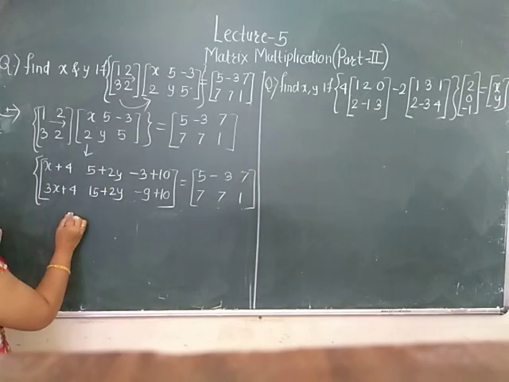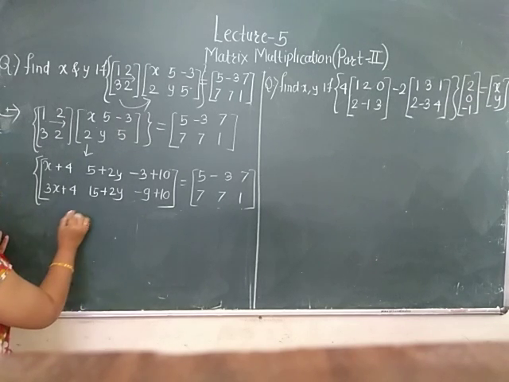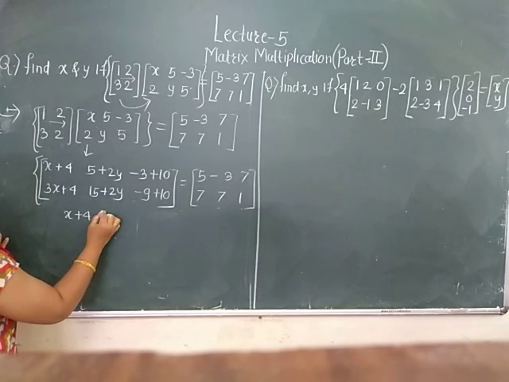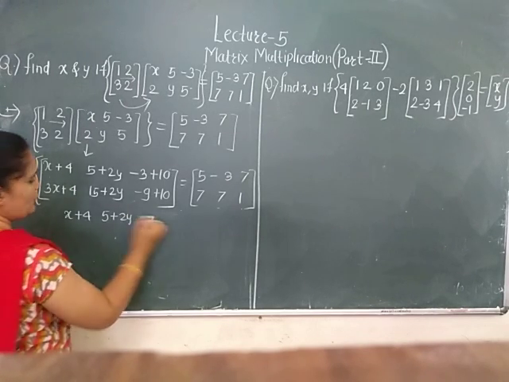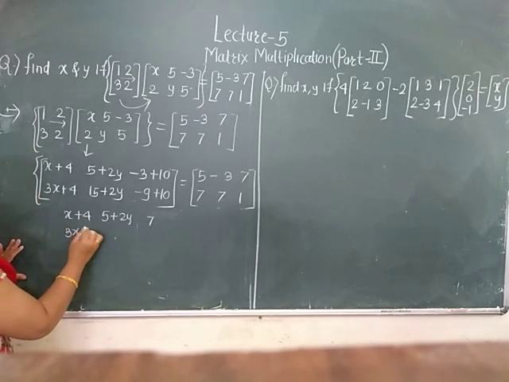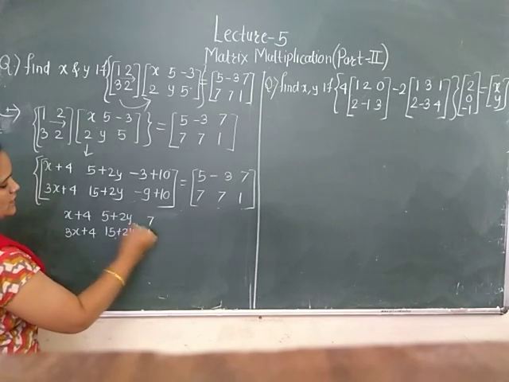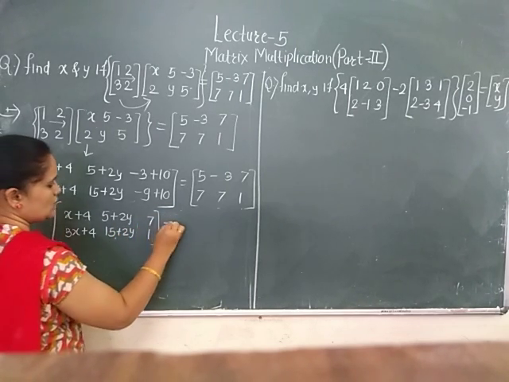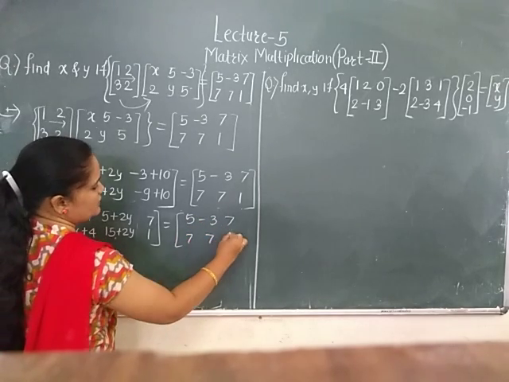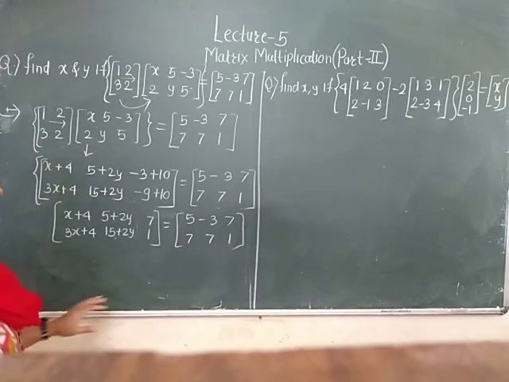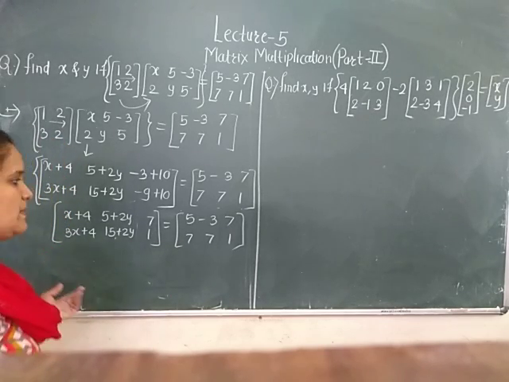Now here we have to calculate the values of x and y. So further, x plus 4, 5 plus 2y, this is 7. Then 3x plus 4, 15 plus 2y, 1, equal to 5, minus 3, 7, 7, 7, 1. Now, given to us, these two matrices are equal to each other, so corresponding elements will be equal.